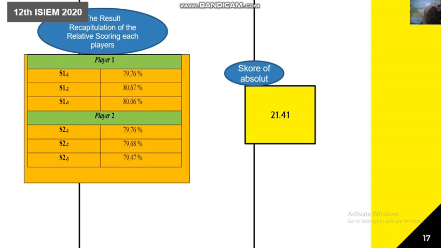And this is the recapitulation of the relative scoring of each player. And the absolute scoring of players is 21.41.